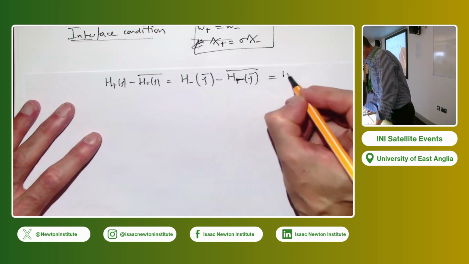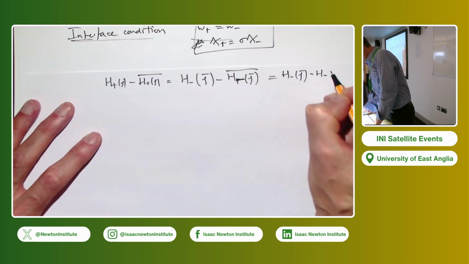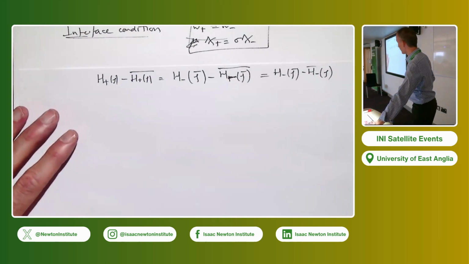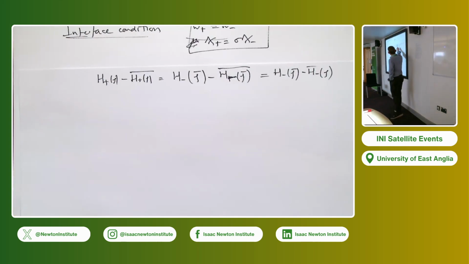So all I've done is I've moved the bar through the whole thing, so that gives me the conjugate of H minus, and then that becomes zeta. Okay.